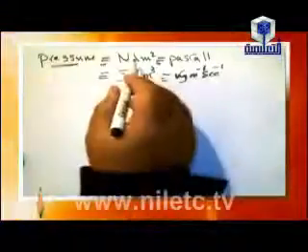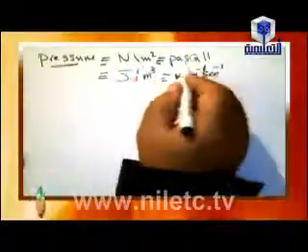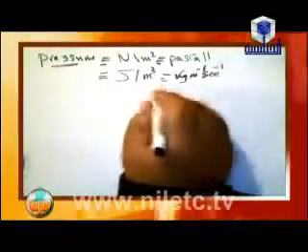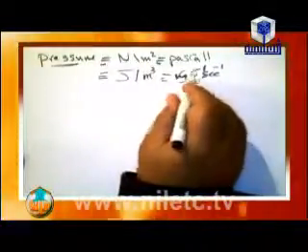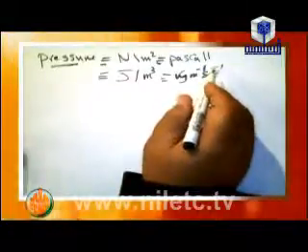This is the unit of pressure. The unit of pressure is equivalent to Newton per meter square, which is Pascal, which is joule per meter cube, which is equivalent to kilogram meter negative 1 second negative 2.